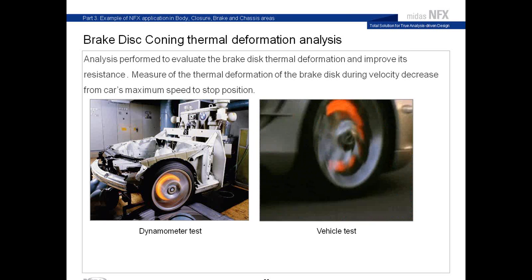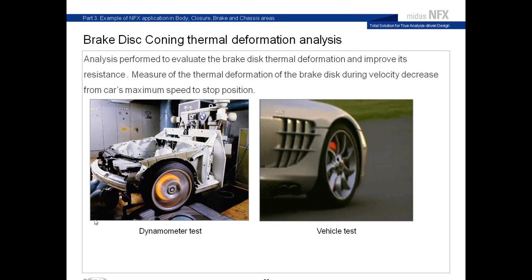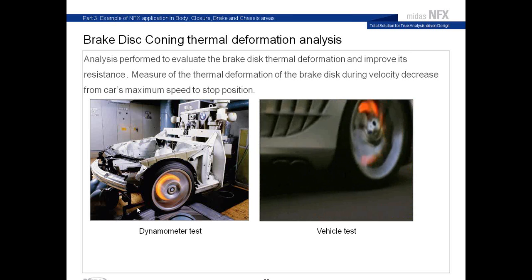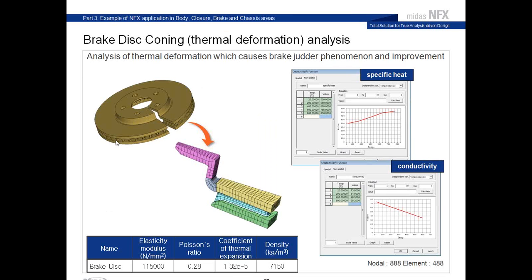Because when you brake, the velocity is very high and it increases the temperature of all that. So to analyze this, what we did is we cut a small portion inside the model, and we specified some characteristics, like the specific heat and conductivity.